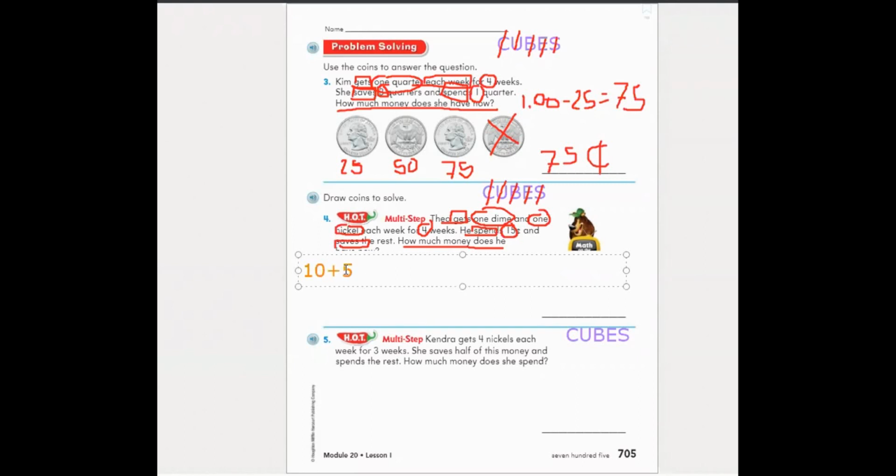And then the next week, I'm going to use a parenthesis to understand this is week 1. Week 2, he gets the same, 1 dime and 1 nickel. Week 3, 1 dime and 1 nickel.